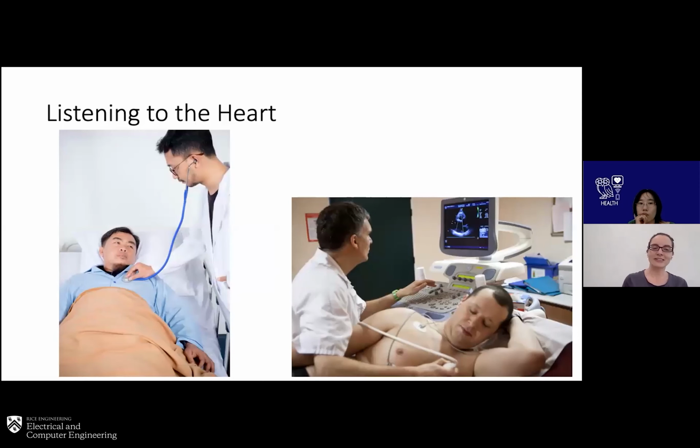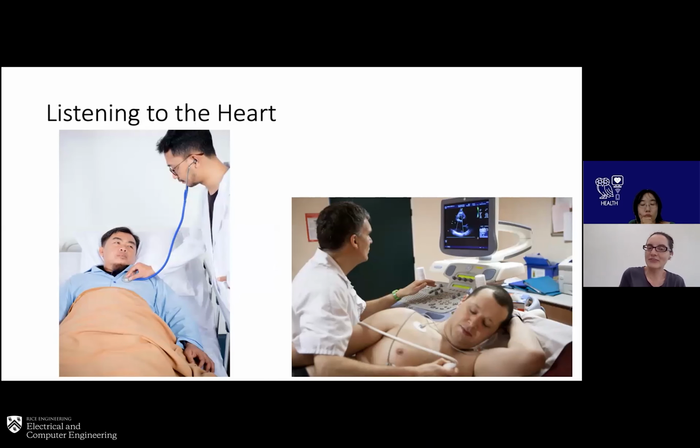Listening to the heart is something that clinicians tend not to do much of anymore, because all of this is substituted by echocardiograms that are able to understand all the pathologies without the human ear having to listen to the body. So this is something that is getting somehow discontinued.